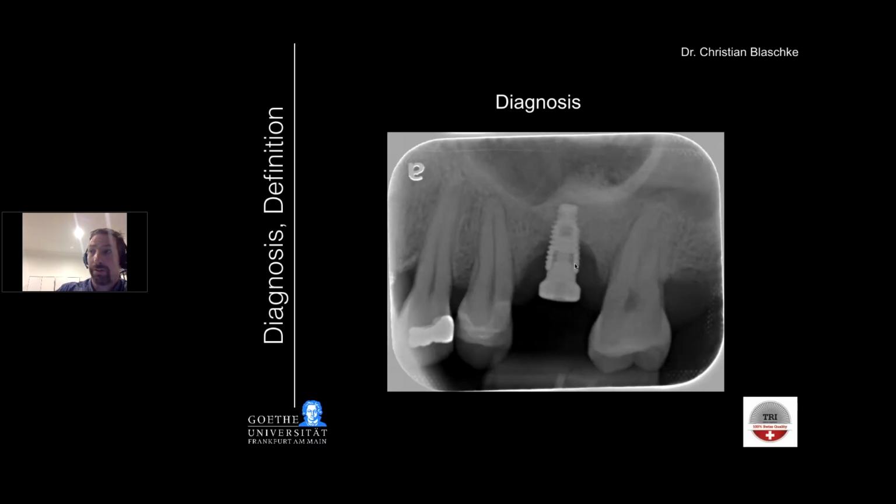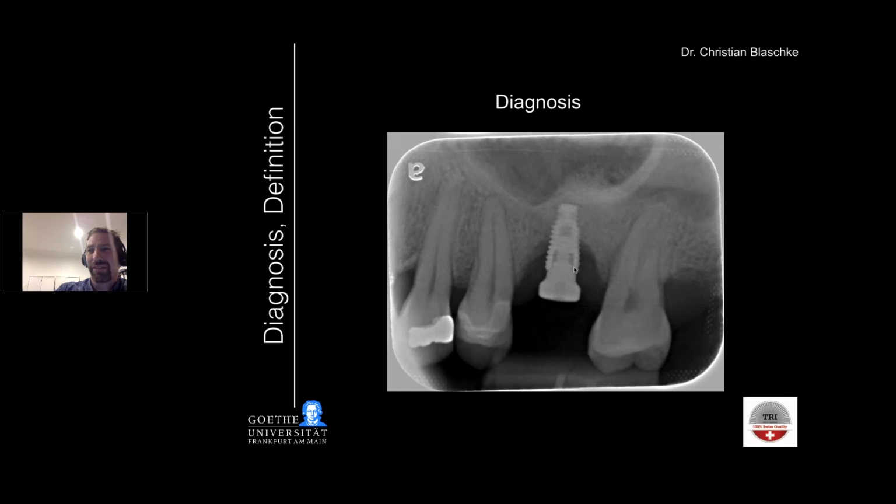And one more, that is unfortunately one of my implants, and unfortunately it's a tree as well. I'm really sorry about that. Again, typical bone defect. However, according to the definition by Mombelli, this is not peri-implantitis because the implant is not in function. There is a healing abutment attached to it, but this is, again, a mistake by myself.